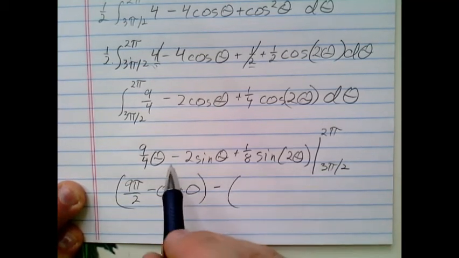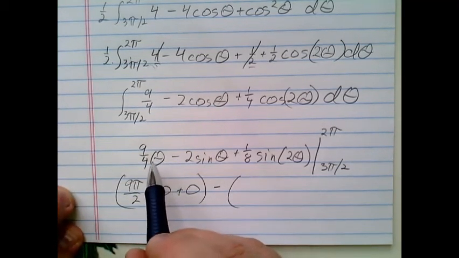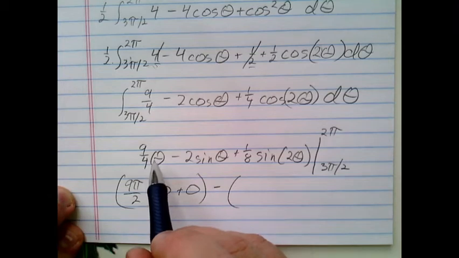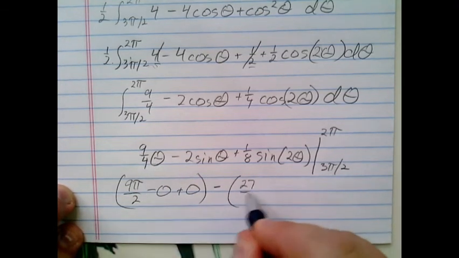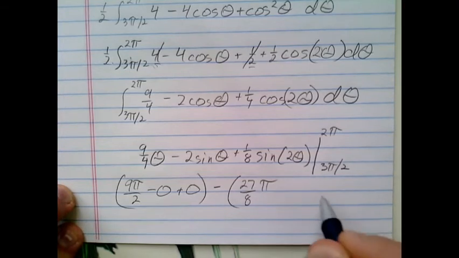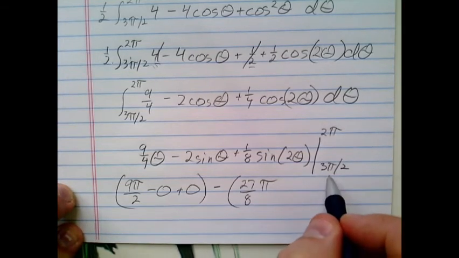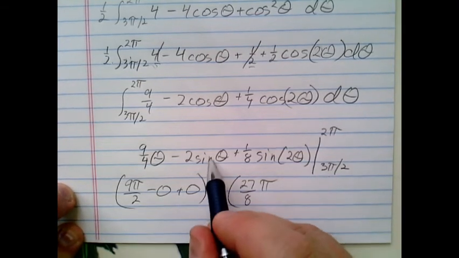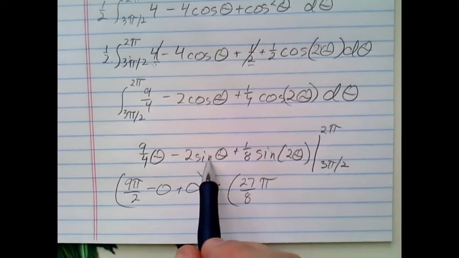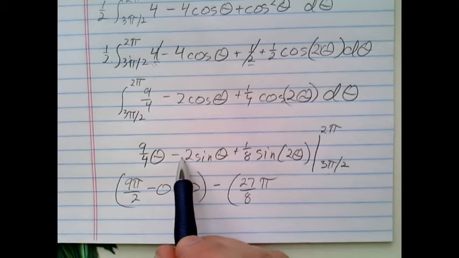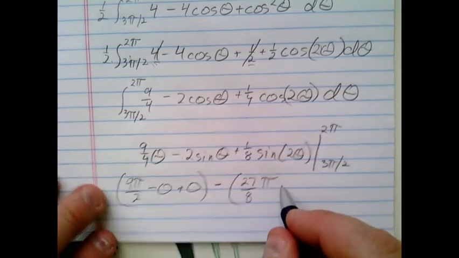Now, 3 pi over 2, let's stick that in here. 3 pi over 2 times 9/4 would be 27 over 8 pi. What else? 3 pi over 2's got to go into sine. Well, sine of 3 pi over 2 is negative 1. Times negative 2 makes plus 2.